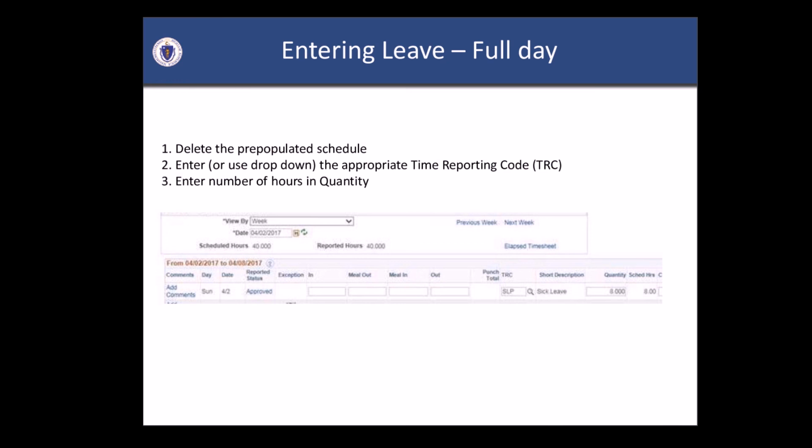And anytime you're using a TRC or putting in leave time, you want to make sure you have a quantity in there. So the person scheduled to work 8 hours on Sunday took a sick day, they get 8 hours of sick time, provided that they have enough sick time. The system has a hard stop. It will not let you enter more time than you have.